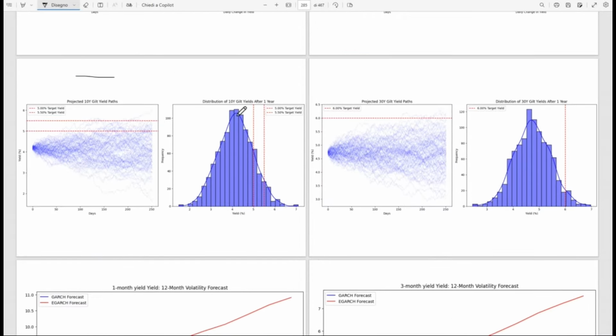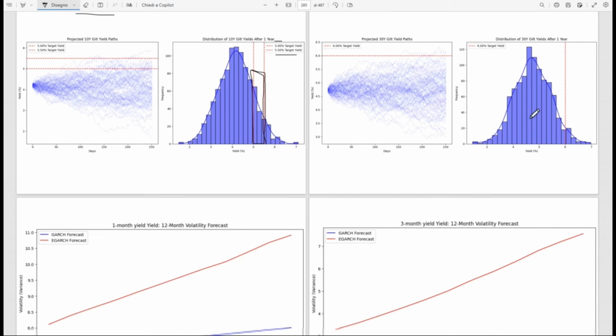And what is the probability distribution that the 10-year gilt will be 5 or 5.5%? And this is not negligible, okay? Because this is not a very small, improbable value, the probability distribution is here. So it's not a very remote, impossible thing.